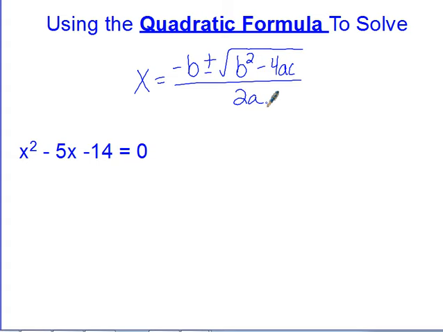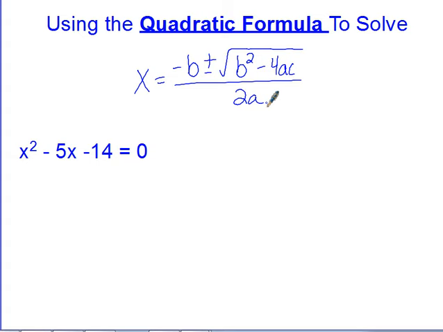And quadratic formula works all the time. So even when you can factor, you can use the quadratic formula. It's a little bit longer, and some students find it tedious, but it works all the time.